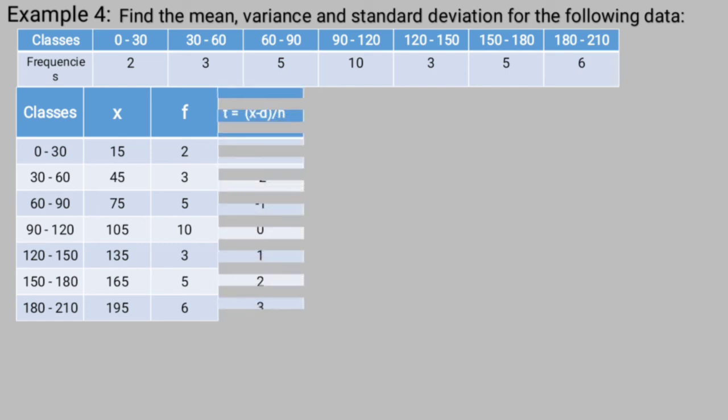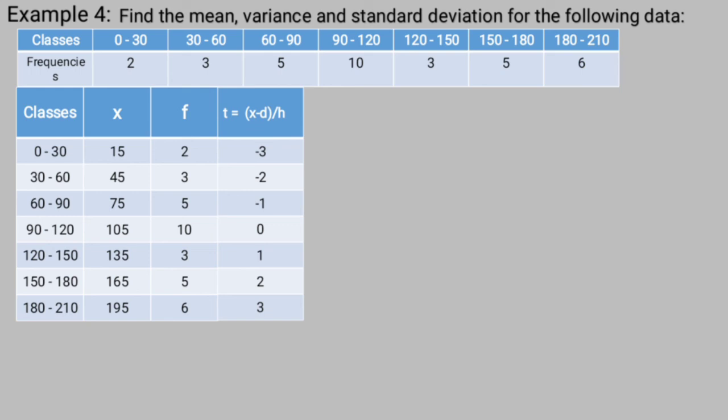Okay. Now here I'm going to use the step deviation method. So what do I need first? T. How will you find T? T is nothing but x minus d by h. With that simplification, I have found the T. Already we have seen many formulas for many sums for the step deviation.